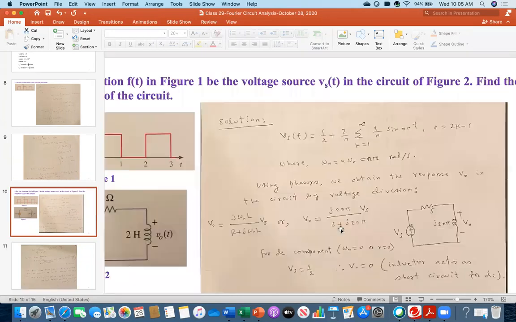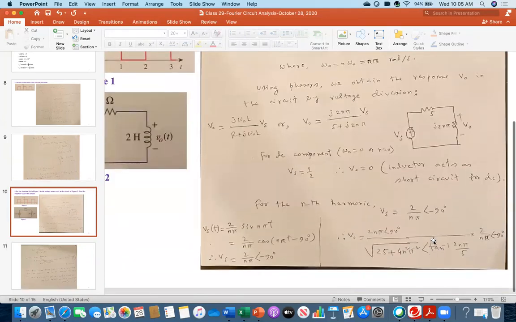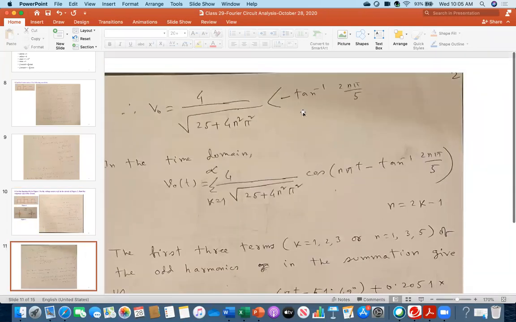And then here you see it was in the denominator, angle tan inverse 2n pi over 5. But if you take it to the numerator, then the angle sign will be changed. It will be minus. If you think about when you did phasor algebra, let's say 10 degrees, if you take it to the numerator, that is minus 10 degrees. That is the meaning. So that's why here it is minus tan inverse this one.